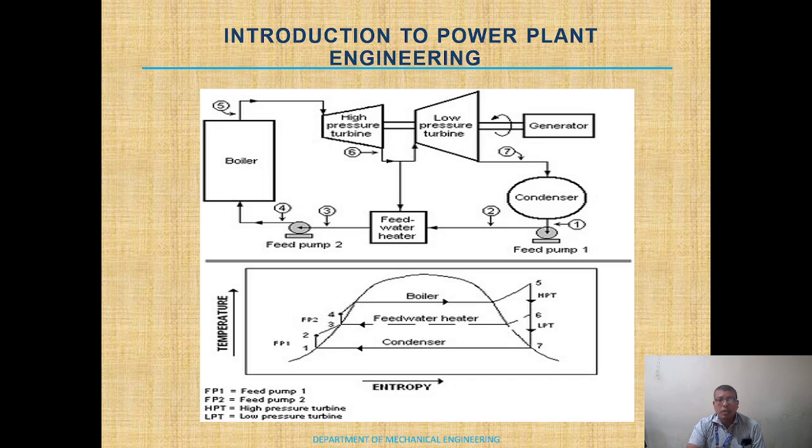After that, the steam is converted in the condenser, then from the condenser to the feed pump, then the water is heated, it's preheated water, and the preheated water goes with the help of the feed pump to the boiler. These are the cyclic processes.